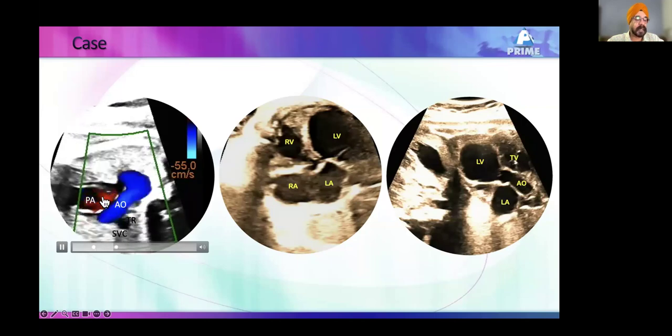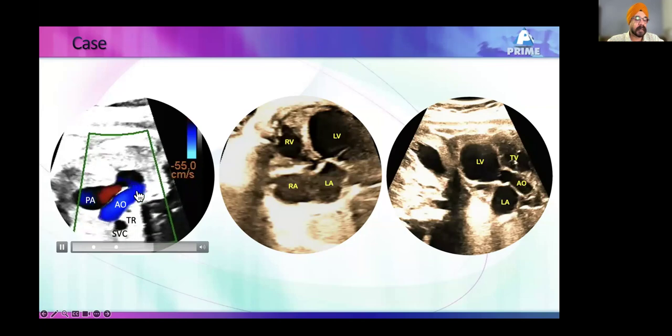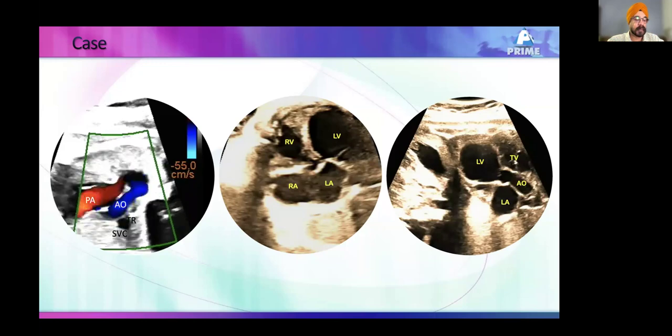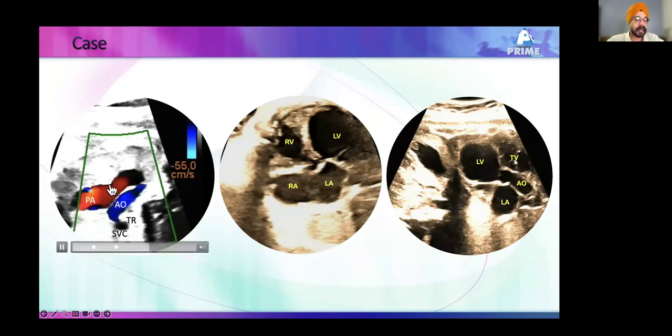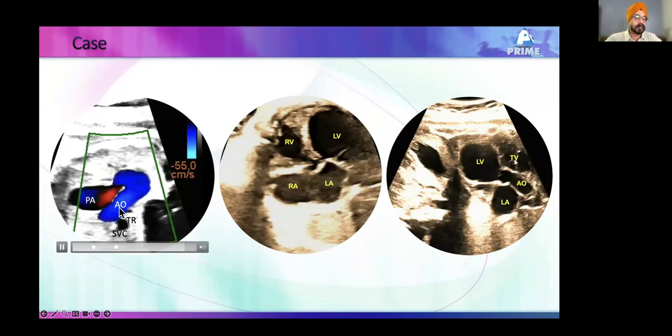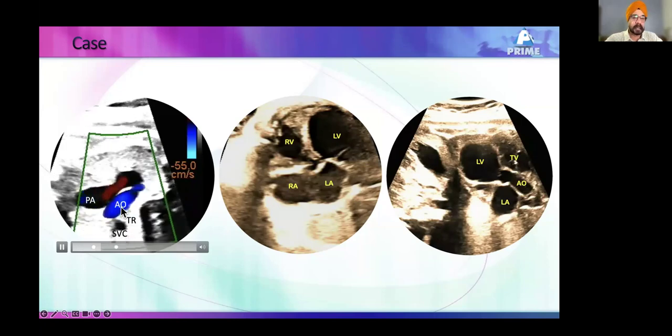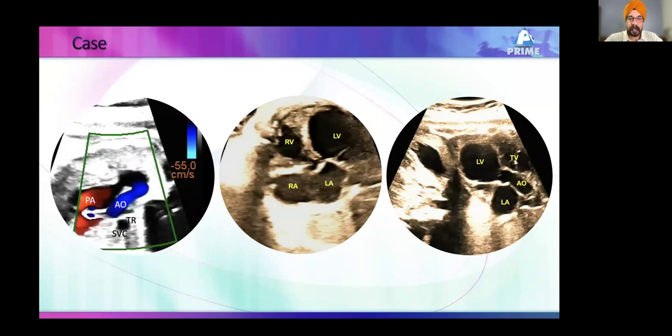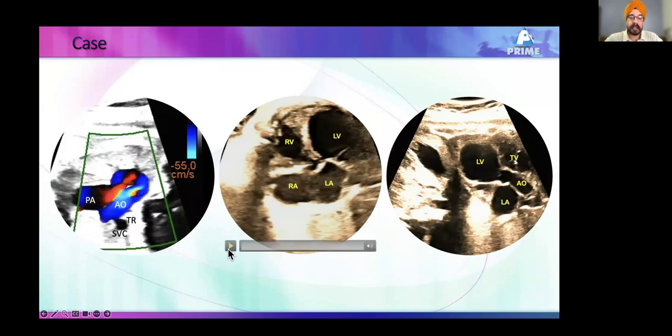What you see here is that there is a continuous flow in the aorta, which is retrograde. It should go in this direction, but it is blue and it's going away, and it's continuous in both systole and diastole. This indicates that there is some aortic regurgitation happening. That's why there is a runoff there.